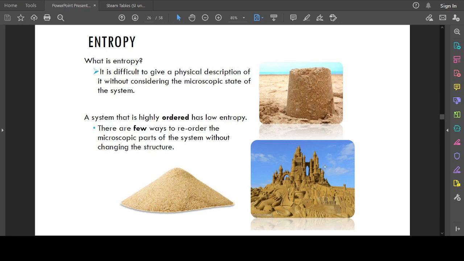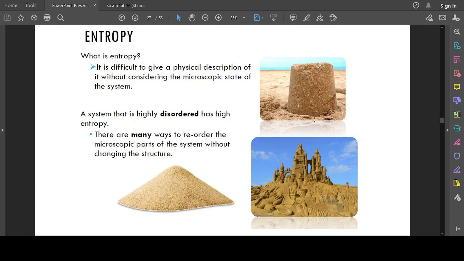Simply meaning that if wind starts moving away the smallest particles of this sand over a certain period of time, this well-defined, detailed sandcastle will turn to a pile of sand. Which means that in a highly ordered system with low entropy, the movement of the microscopic parts will always change the structure of the system itself.